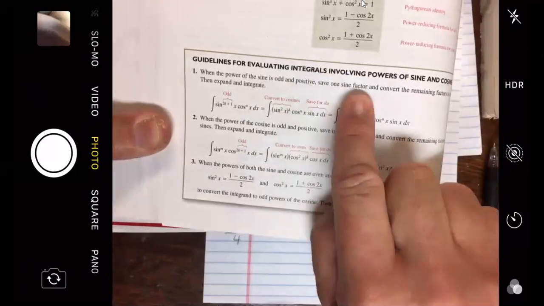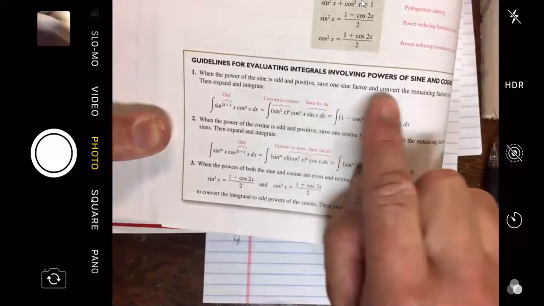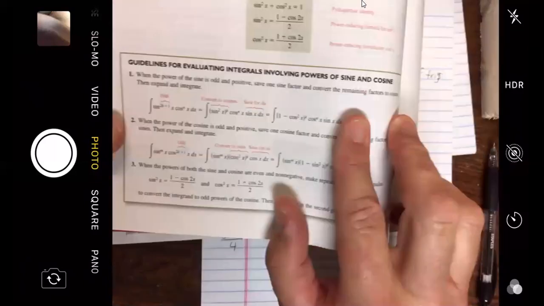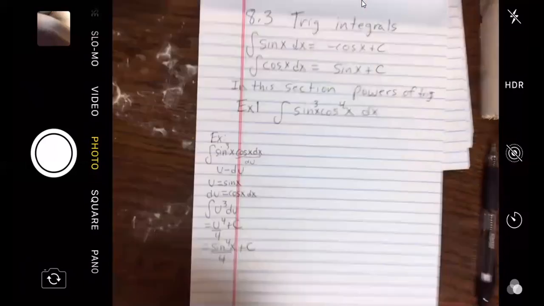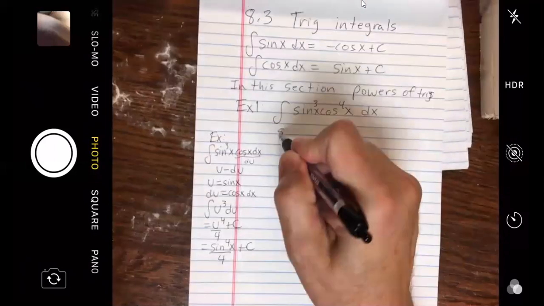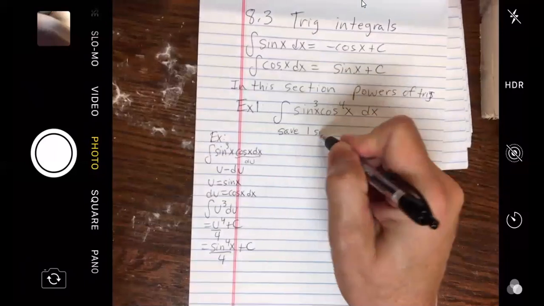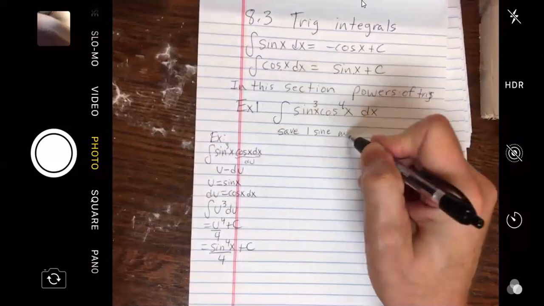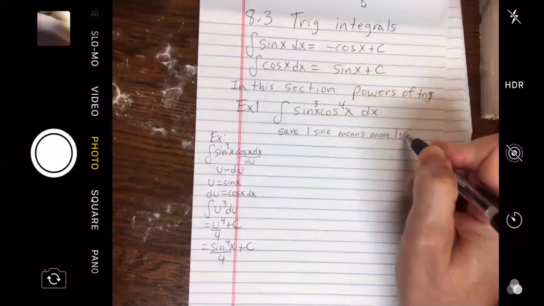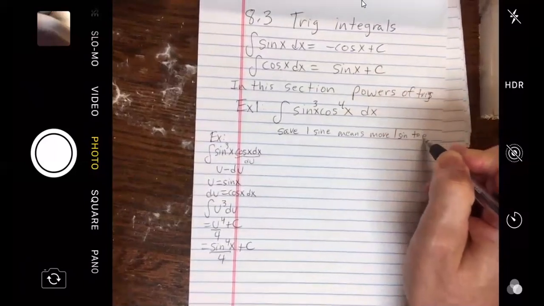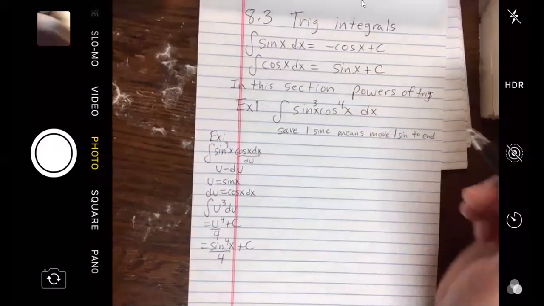They're talking about saving one sine, convert remaining factors to, I believe it says cosine. Here's what that means. Save one sine means move one sine to the end.